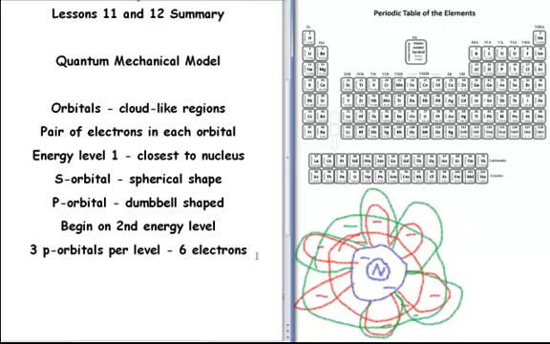The third energy level also contains what's called a d orbital. That's a complicated shape, by the way, so we're not going to exactly talk about what the shape is.